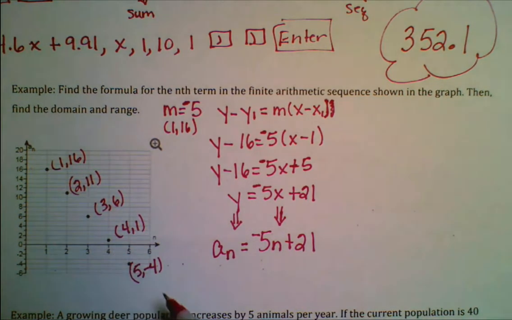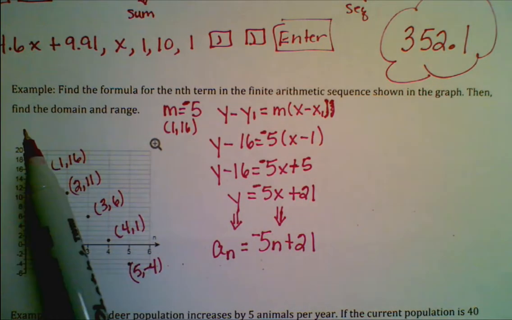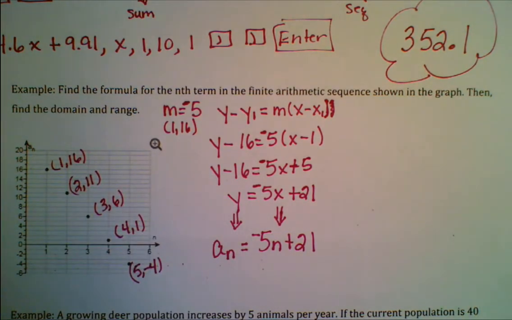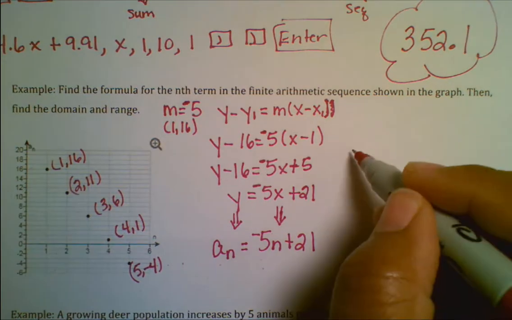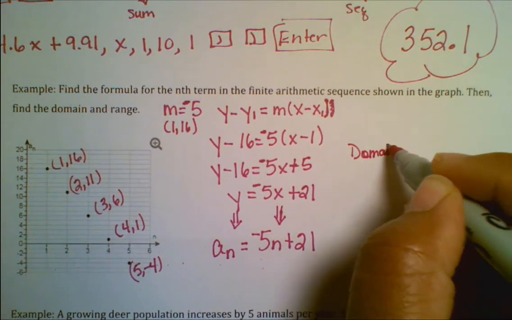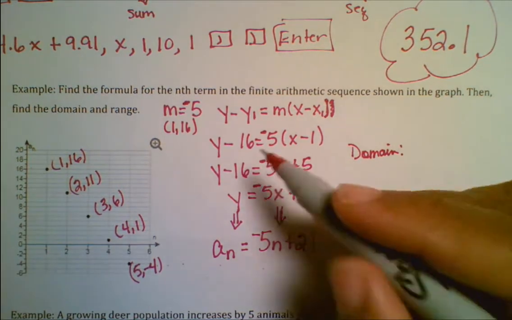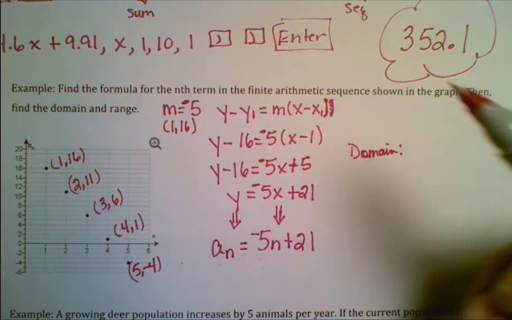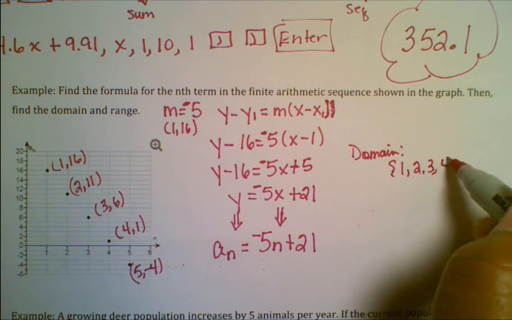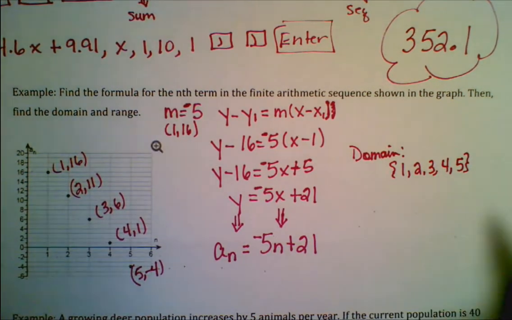Then it's asking us to find the domain and range. To find the domain, you're looking at all of the x coordinates of the ordered pairs. So the domain here is 1, 2, 3, 4, and 5.